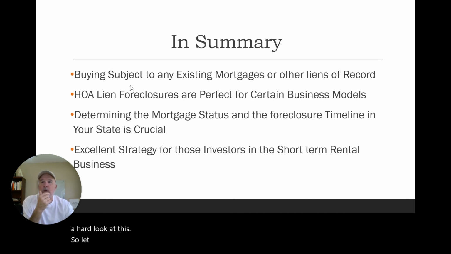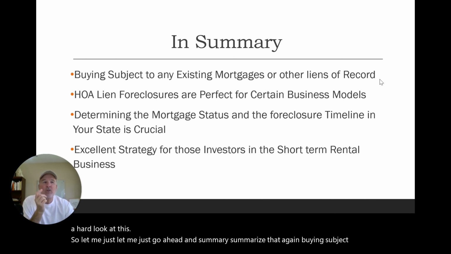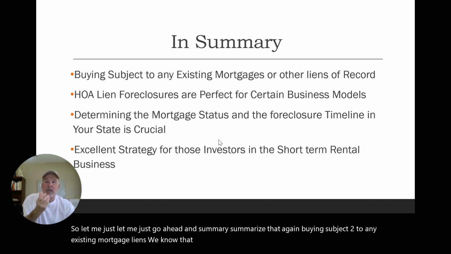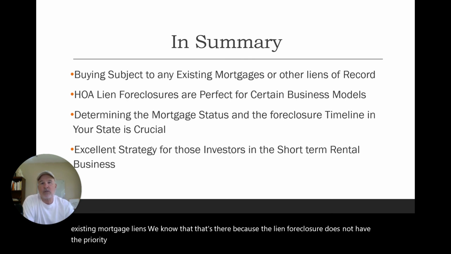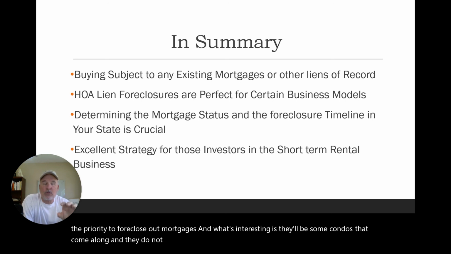So let me just go ahead and summarize it again. Buying subject to any existing mortgage or liens. We know that's there because the lien foreclosure does not have the priority to foreclose out mortgages. What's interesting is that there'll be some condos that do not allow mortgage foreclosures to have priority over their condo liens.